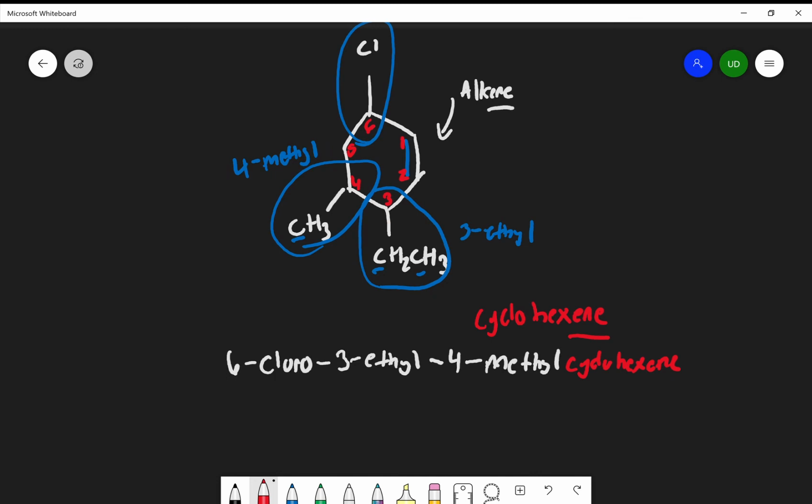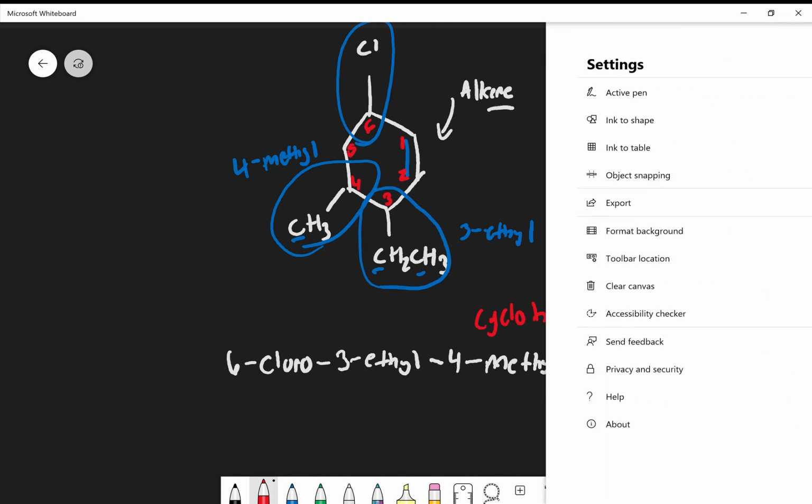Let's try one with an alcohol group. Okay. Since we have an alcohol present, you want to give it its priority. So you'll start by numbering to the right side. 1, 2, 3, 4, 5.